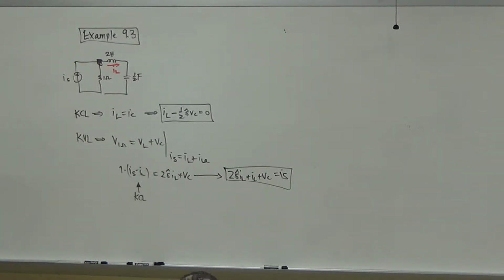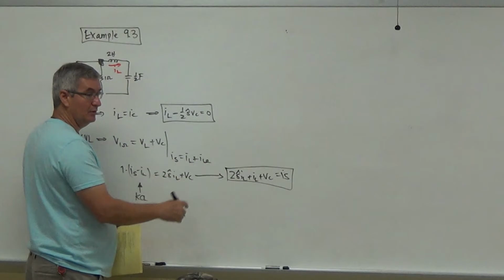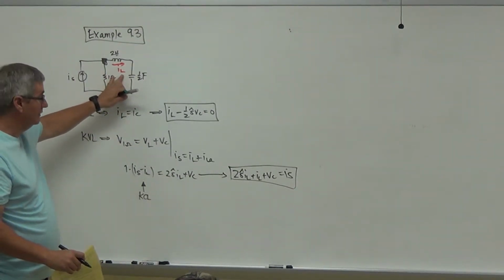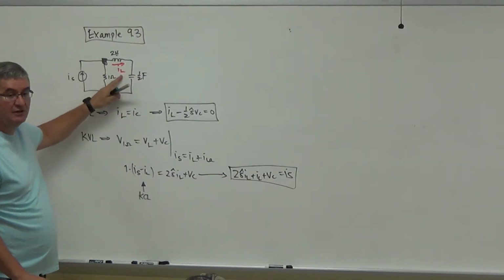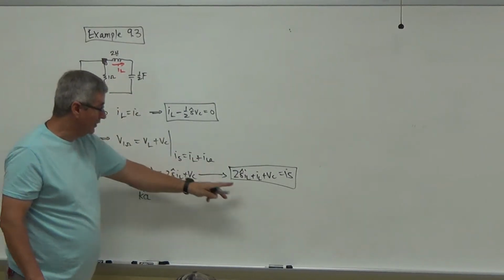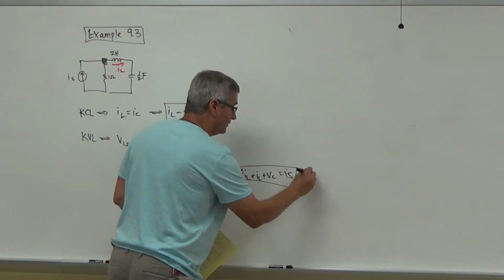So that being the case, I'm going to matrix this guy up. The first thing, I'm solving for the inductor current. So that means I have to look for the derivative of the inductor current. Right? Because that's what differential equations do. Look at that, this guy's right here. So this is my equation 2 here.